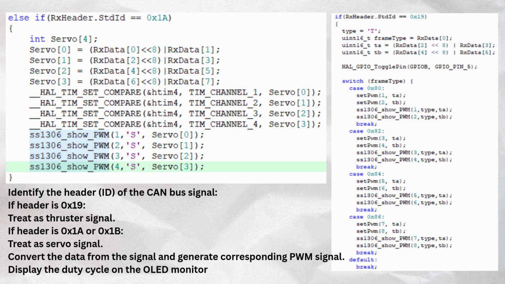If it is 19, then it is a thruster signal. If it is 1A or 1B, then it is a servo signal. Then it would turn the data of the CAN signal into the PWM signal for the servo and thruster.